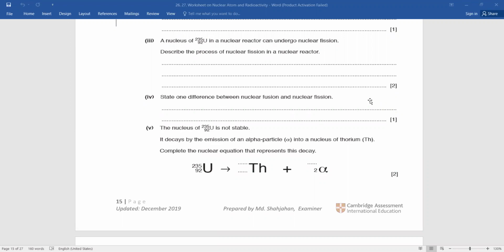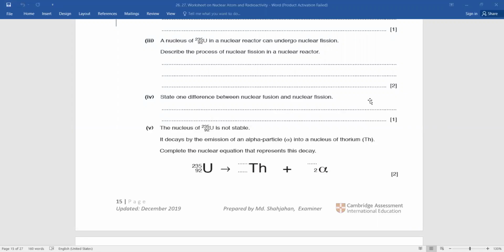And in fusion, 2 or more elements join together to form a single nucleus, right? Yes, sir. Single element. So you got the difference between nuclear fusion and fission? Yes, sir. So Diva, you got it?